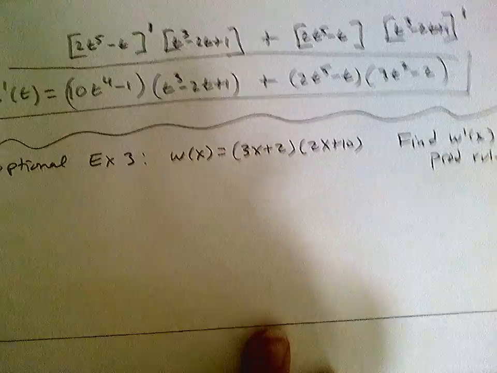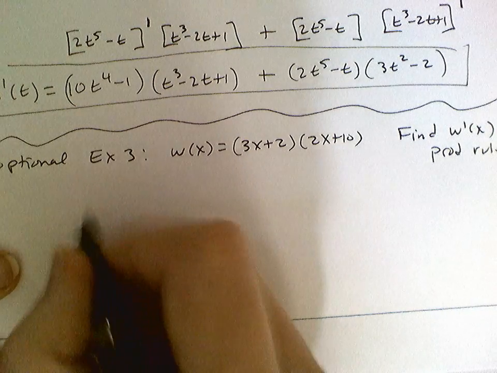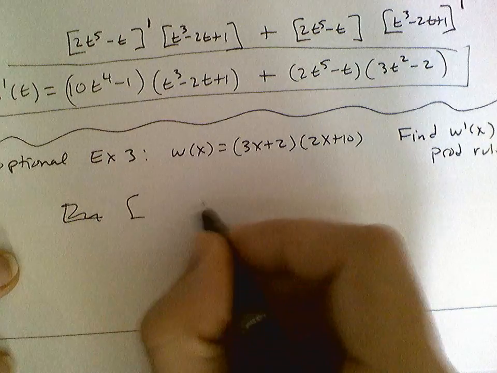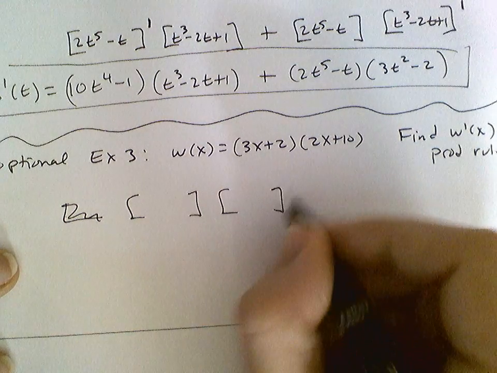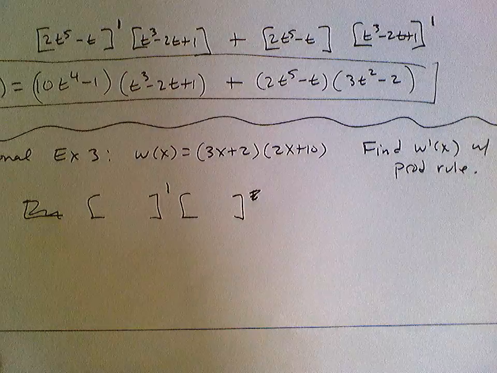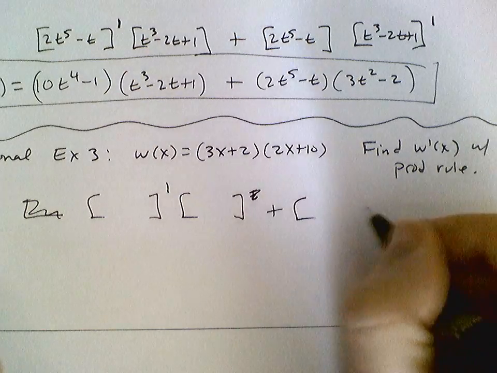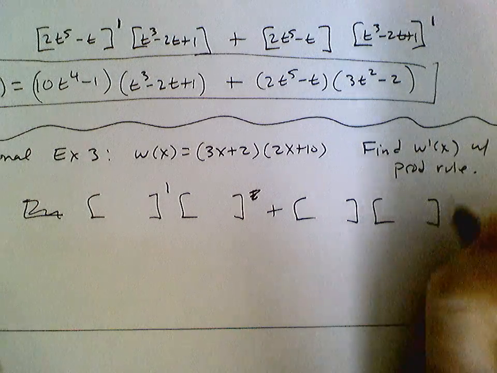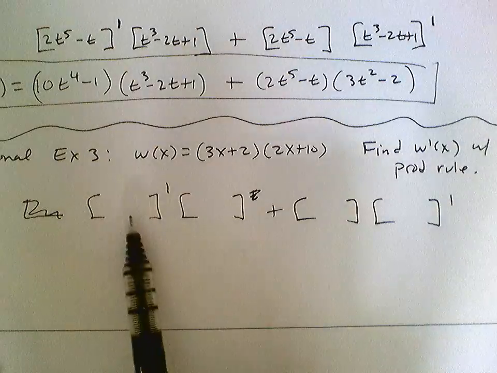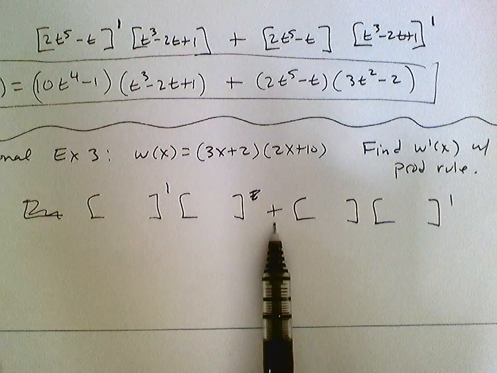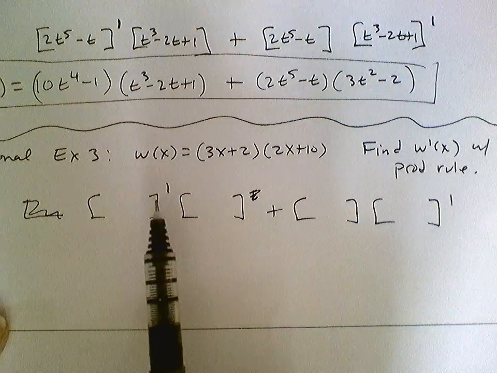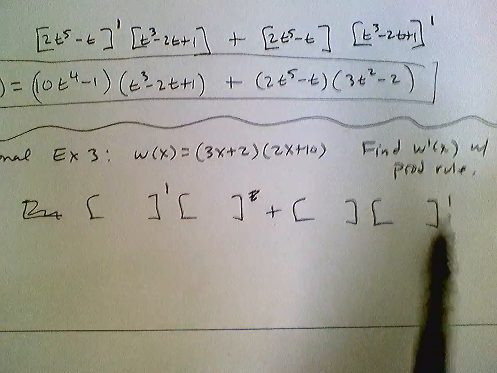Okay, so I'm going to set up my brackets. So I go bracket prime bracket plus bracket prime. All right, so if you want to remember it this way, you just set up 4 brackets, a plus sign right after the first 2, prime on the first bracket, prime on the last bracket.